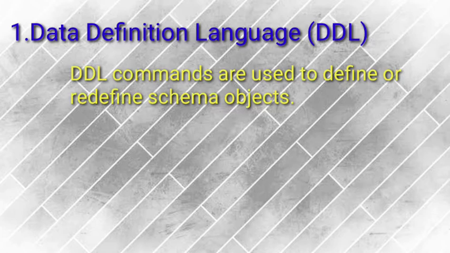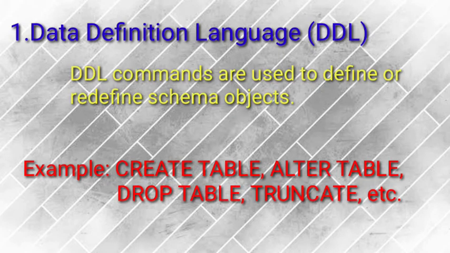I'm talking about the basic structure, means deleting it from scratch. It will not be present anymore. For those kinds of commands, we will be using create, alter and drop. Create is used to create the table, alter is used to make changes in the table, and drop is used to delete the table from scratch.